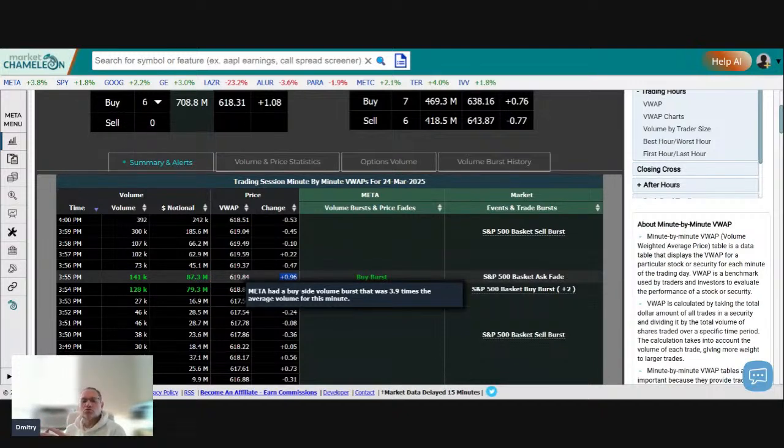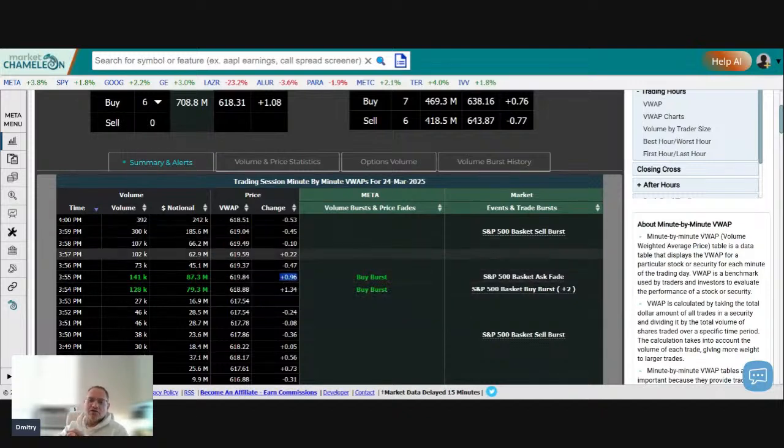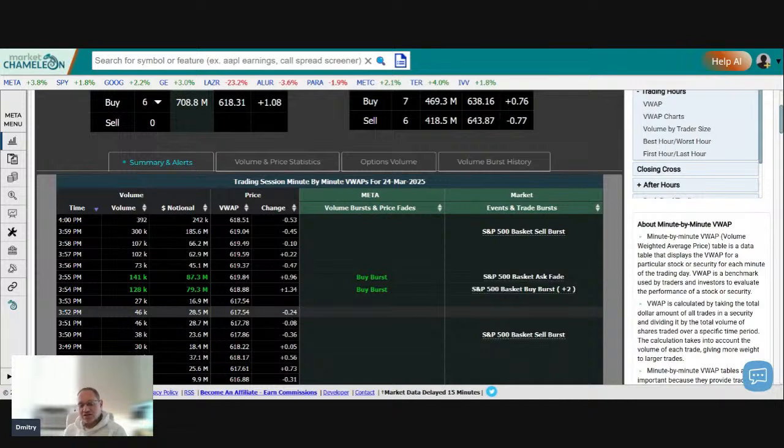So we call that a buy burst. The sell burst would be just the reverse, a large or unusual trading volume on a downtick. Like if it was over here, you could see downticks, minus 24, minus 36. We would then identify that as a sell burst.